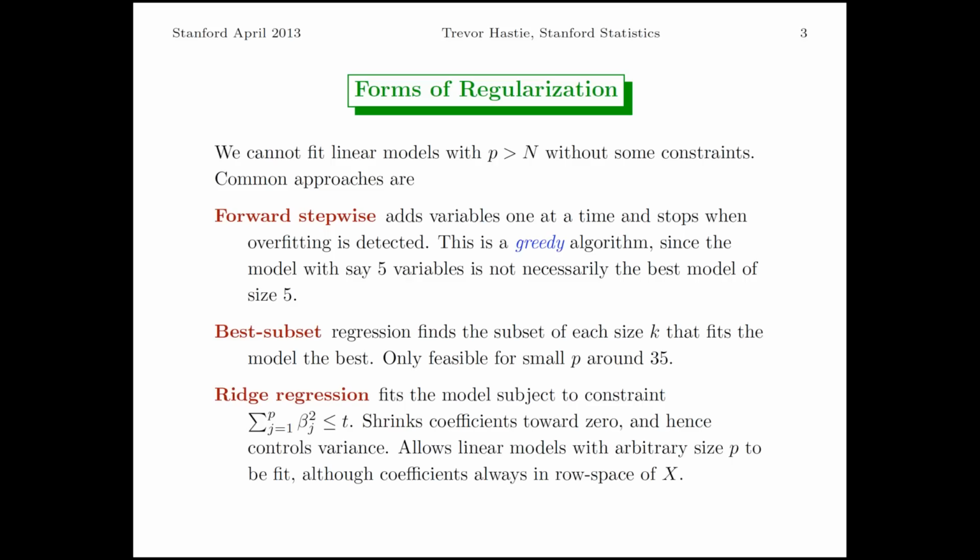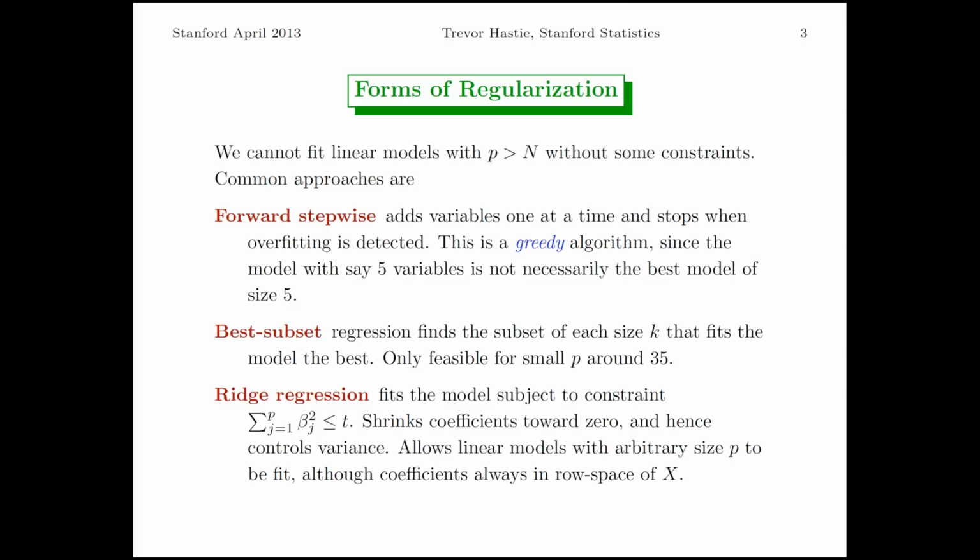But as you relax t, the coefficients are allowed to grow, and you may be using maximum likelihood or least squares. And ultimately, if the number of variables p is bigger than n, you'll reach a model that has 0 error on the training data, and it'll have the minimum L2 norm coefficients.